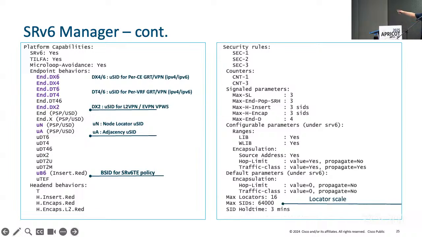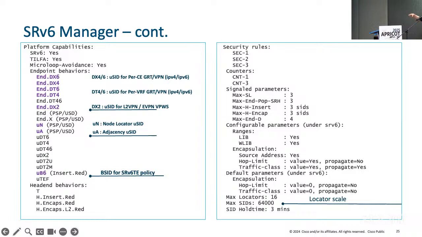And more important, on the left side, what's the function you're going to do, right? You're going to do VPN v4, VPN v6. Are you going to do per-CE label allocation, or per-VRF label allocation? And you see that they have the DT and they have the DX. DX is the cross connect. That means if you do per-CE label allocation, it's the DX.